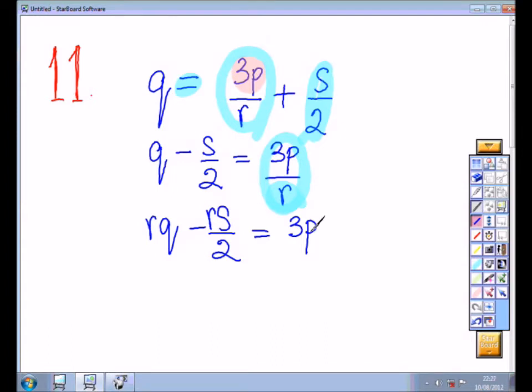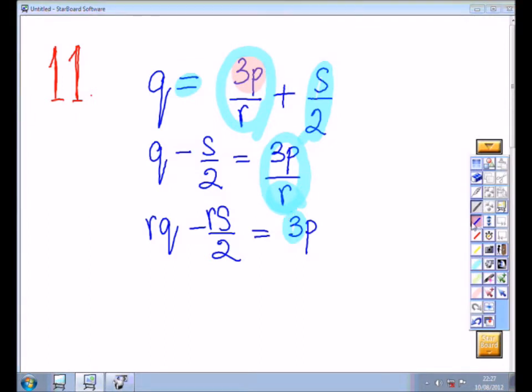So we have now this 3 to eliminate, so that P will be completely isolated as is required by the question. So here we go.